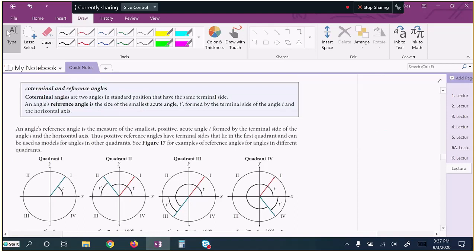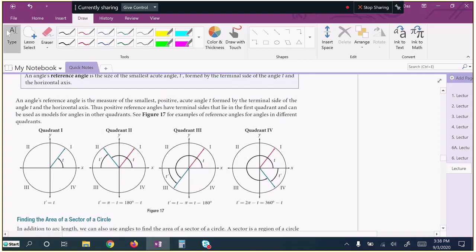And a reference angle of an angle is the size of the smallest acute angle, and we generally denote it by T prime, formed by the terminal side of the angle T and the horizontal axis, which I generally say is the angle between the terminal side of the given angle in the standard position and the nearest direction of the x-axis. So let's understand the two concepts of coterminals and reference angles.